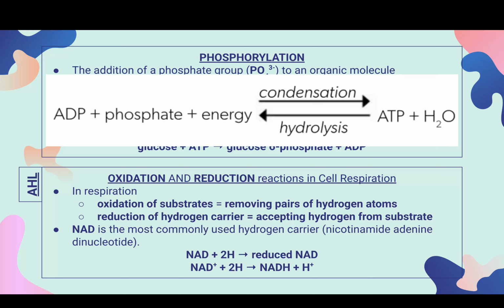And then phosphorylation is when you add the phosphate back, so it goes from ADP to ATP, with a little bit of energy, and it becomes a condensation reaction because it releases water. Does that make sense? Sorry, I forgot the fact that it's not included in SL.